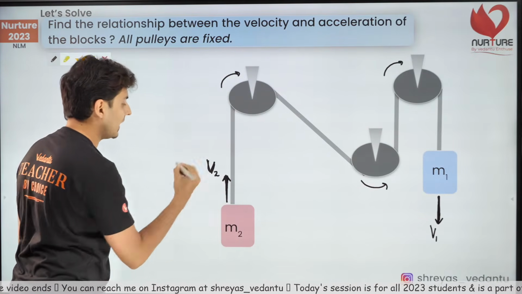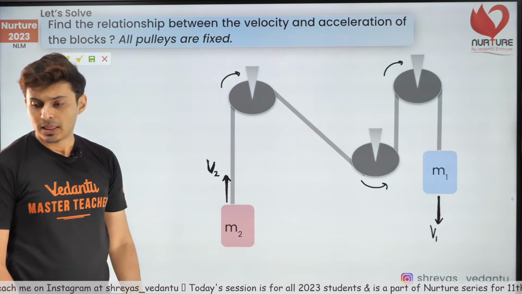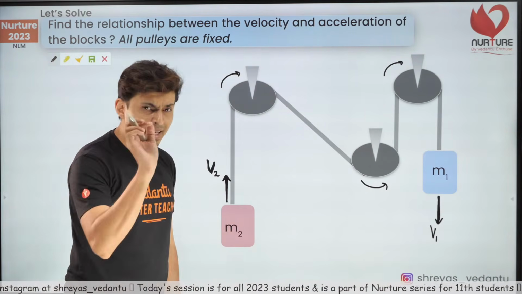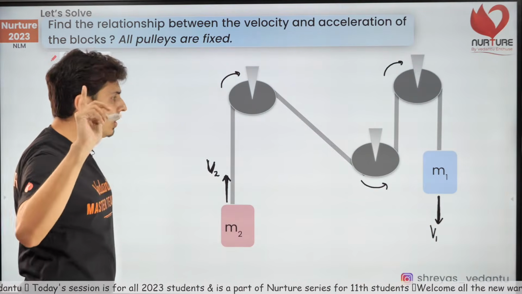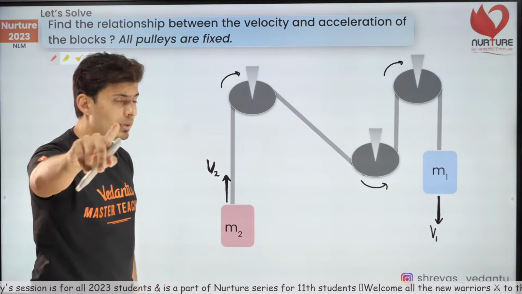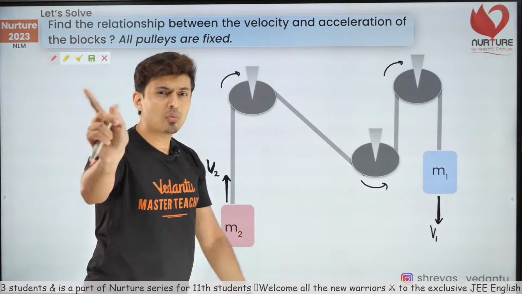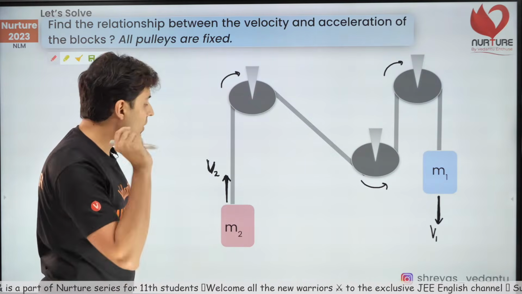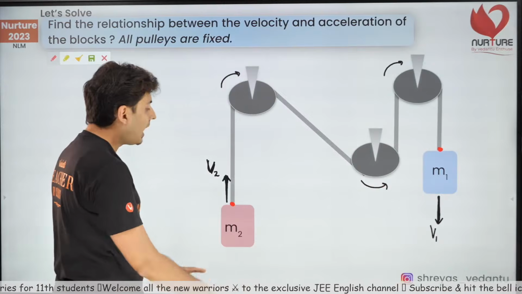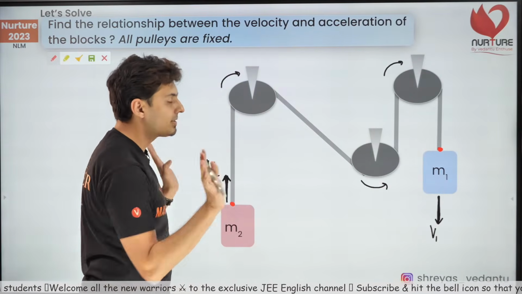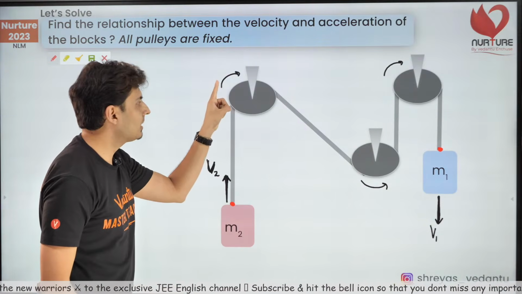So this is V2, guys. Now, tell me one thing. Is there one string or two strings? Look at the diagram carefully. How many strings are there? Only one string is there. And what was the rule I told you? The velocity of the endpoints along the string should be same. Now this velocity is completely along the string.